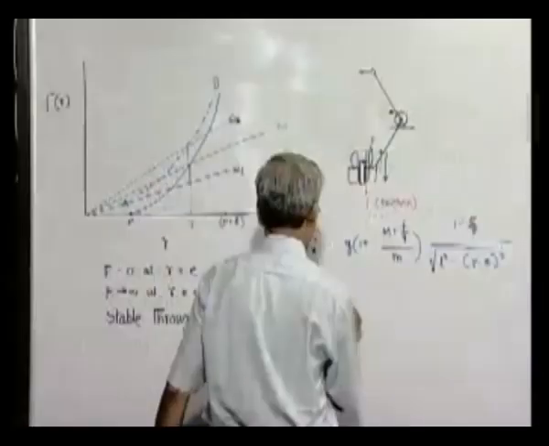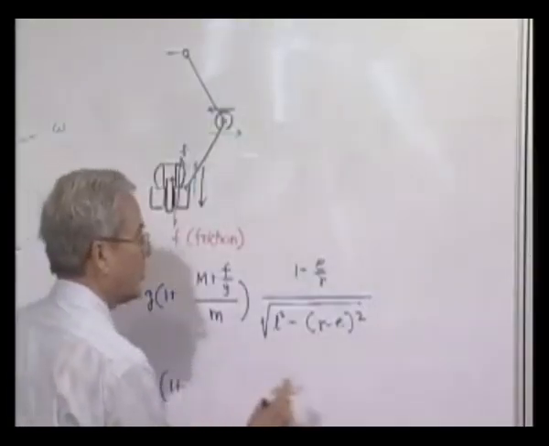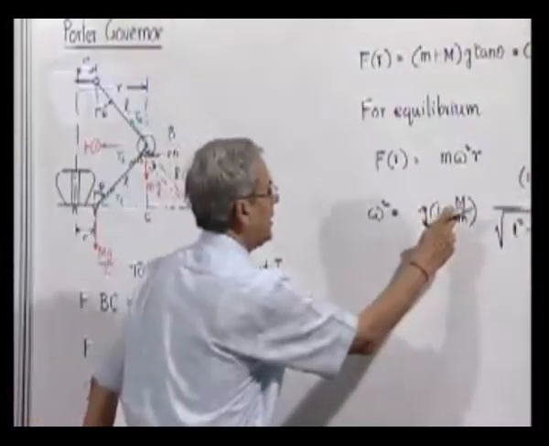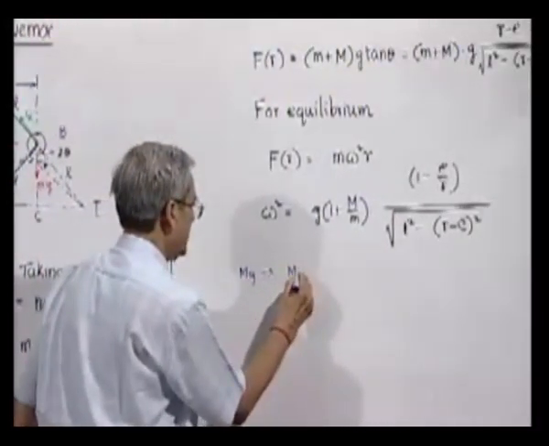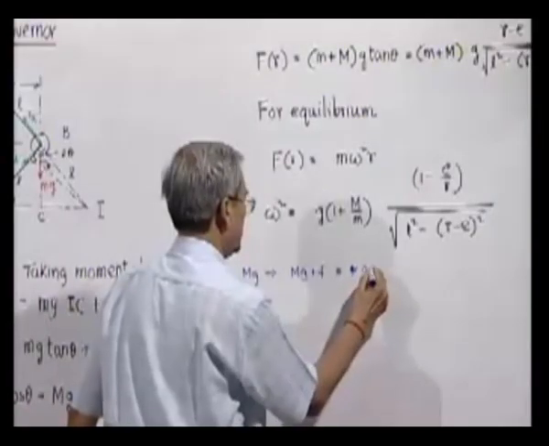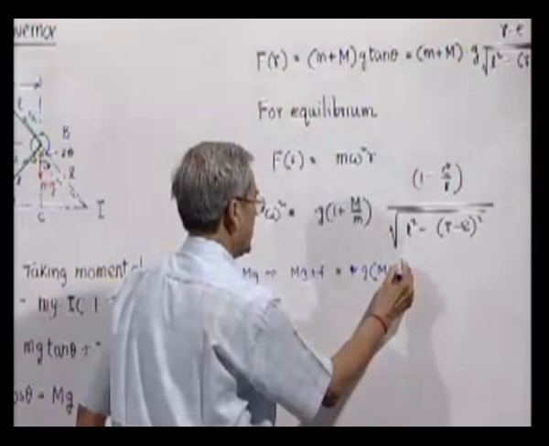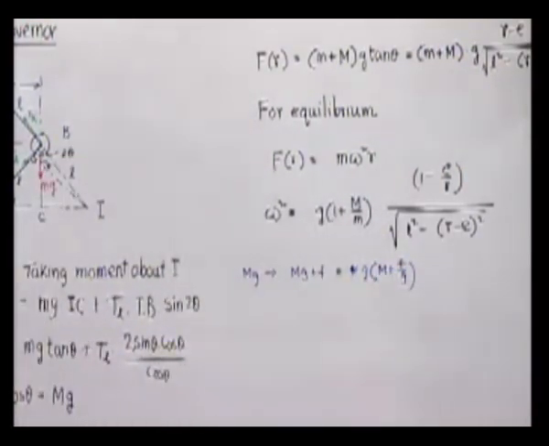So, this lower limit can be found out from the same expression, only when mg is replaced by mg minus f. Then what is it going to be? g into m minus f by g. So, m will be replaced by m minus f by g.